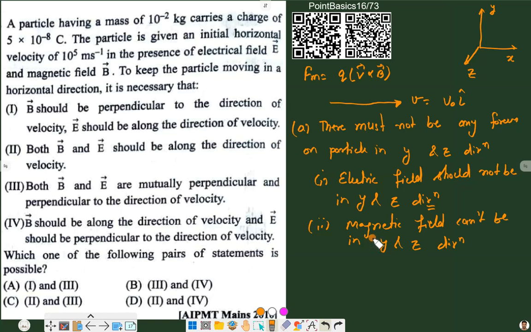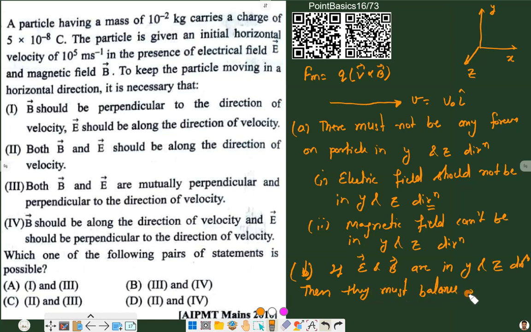And the second conclusion is that it is possible that these fields are in y and z direction, but then they should balance their forces. If E and B are in y and z direction, then they must balance each other.